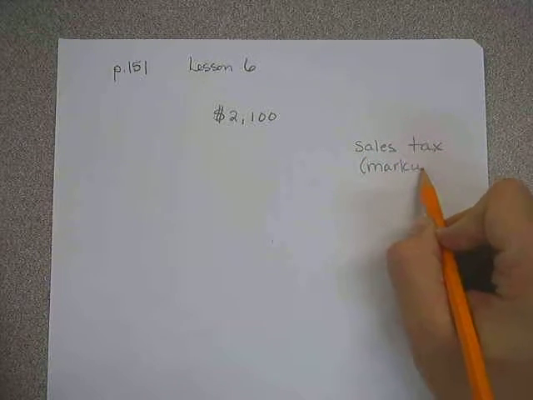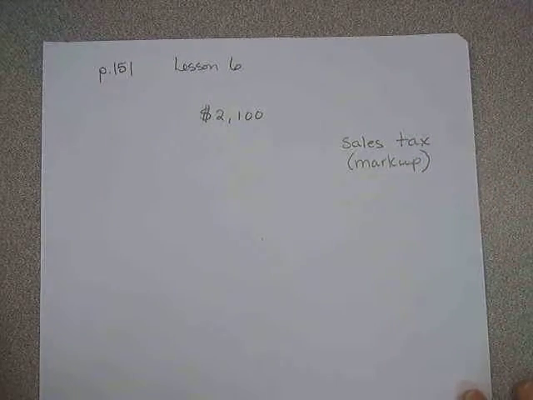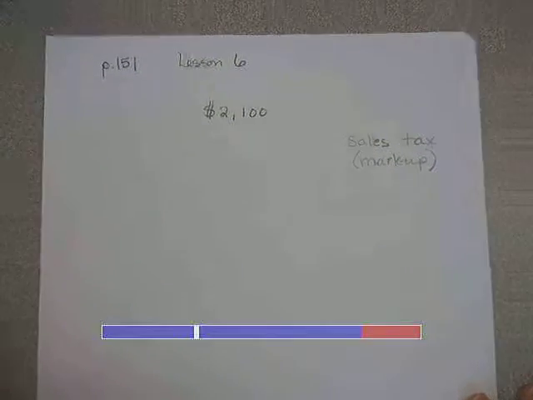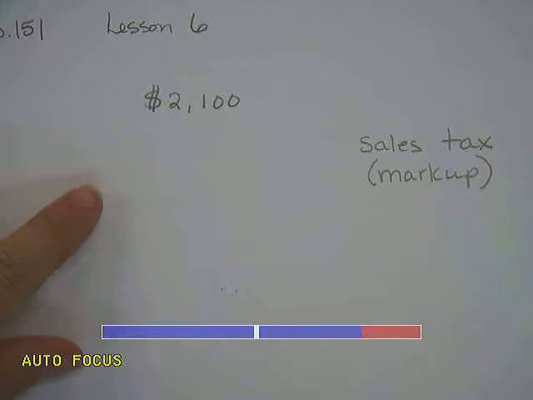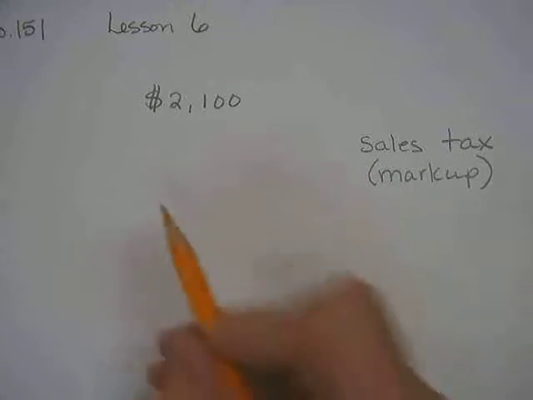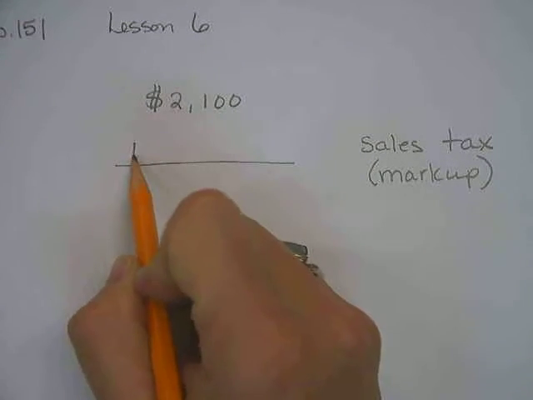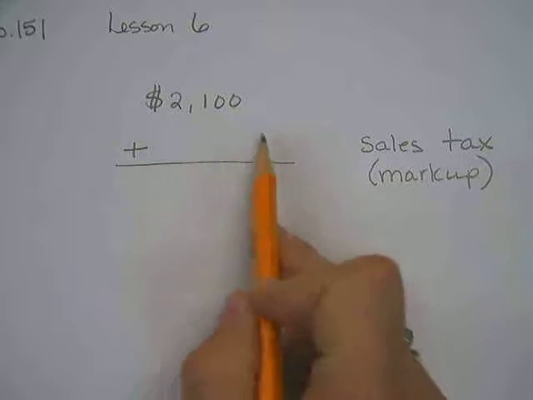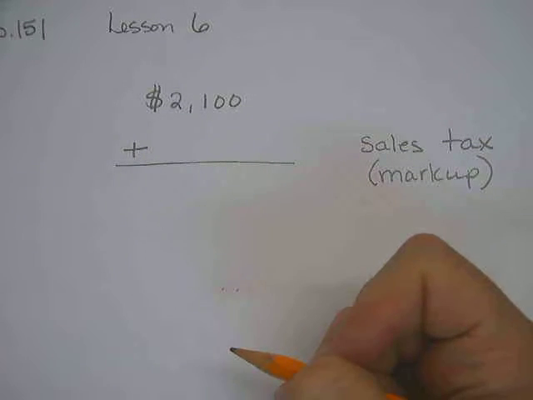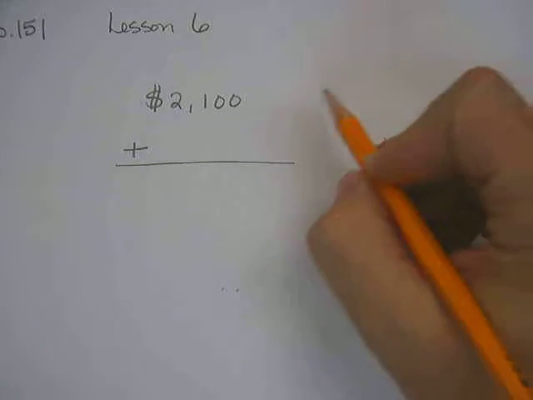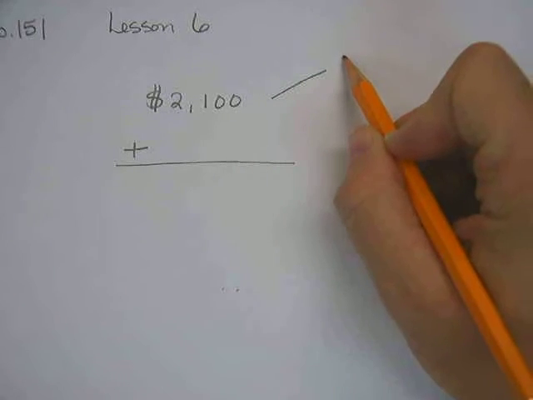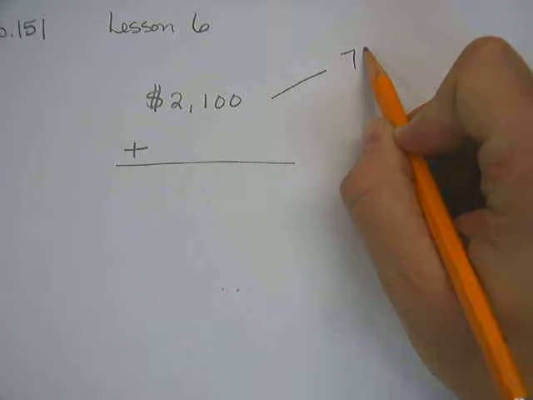It's something that we add on top of a price. So when we go to buy something for $2,100, our total bill does not come out to be $2,100. We have to add a certain amount, and that certain amount is tax. Well, in this country, the tax is 7%.